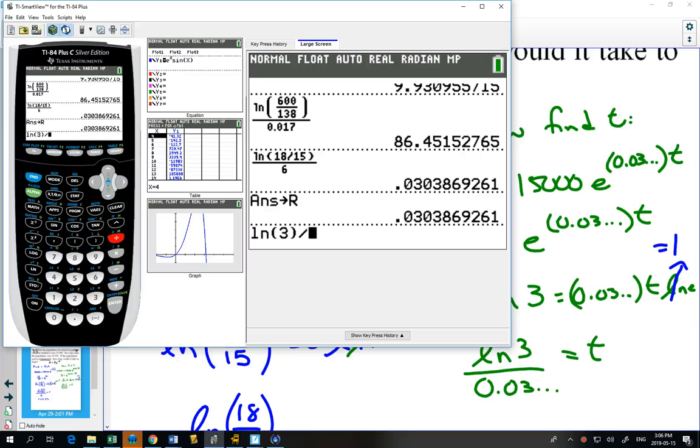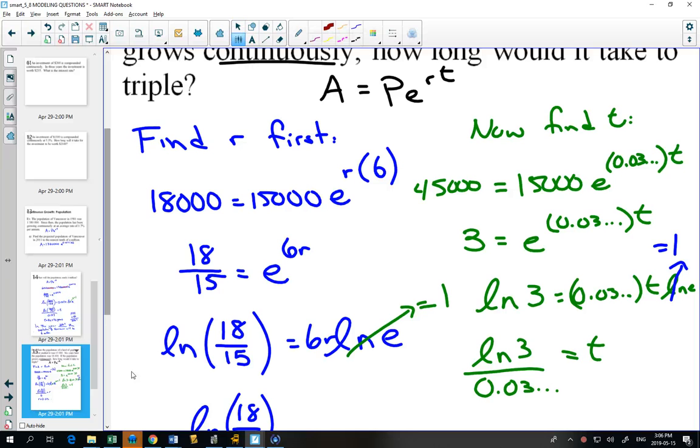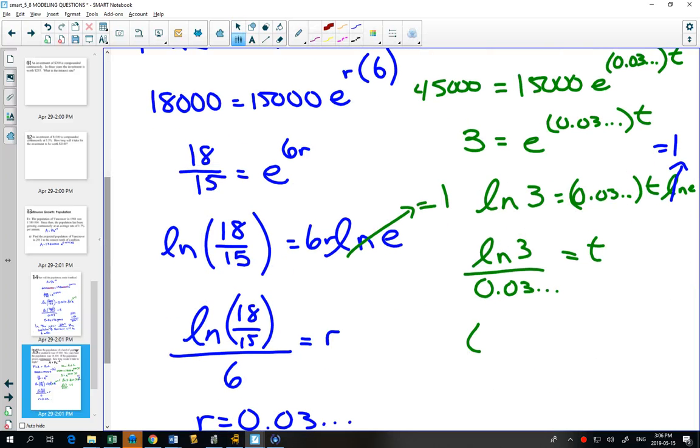Now, I could use the letter r, but since the number's still there, I could just go second answer as well. That's probably even quicker. And get that t is 36.154 years. So it'll take about 36.154 years to triple.